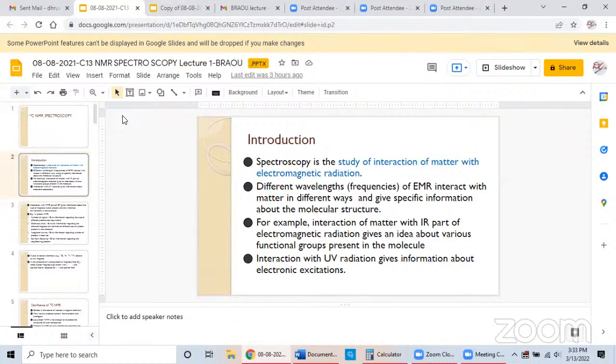When you compare the two, C13 NMR gives you more information because it is observing the backbone of the structure, which is the carbon structure.